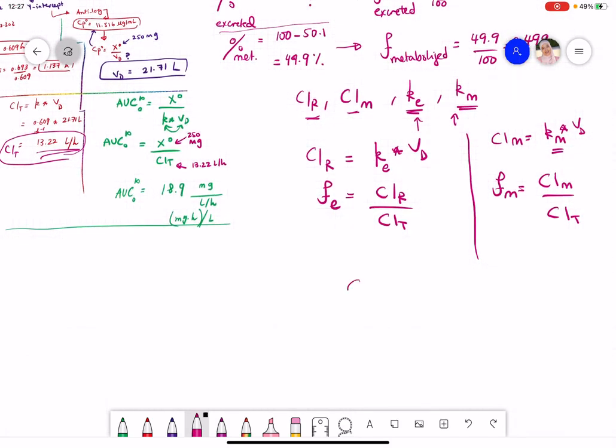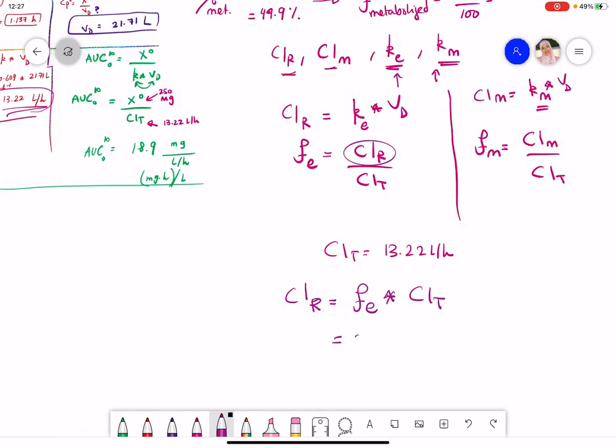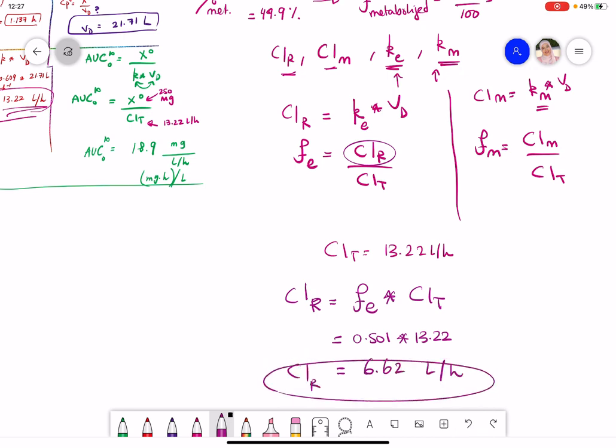So if the total clearance equals 13.22 liter per hour, then renal clearance equals the fraction excreted, 0.501, multiplied by 13.22, and the answer is 6.6 liter per hour. This is the renal clearance.